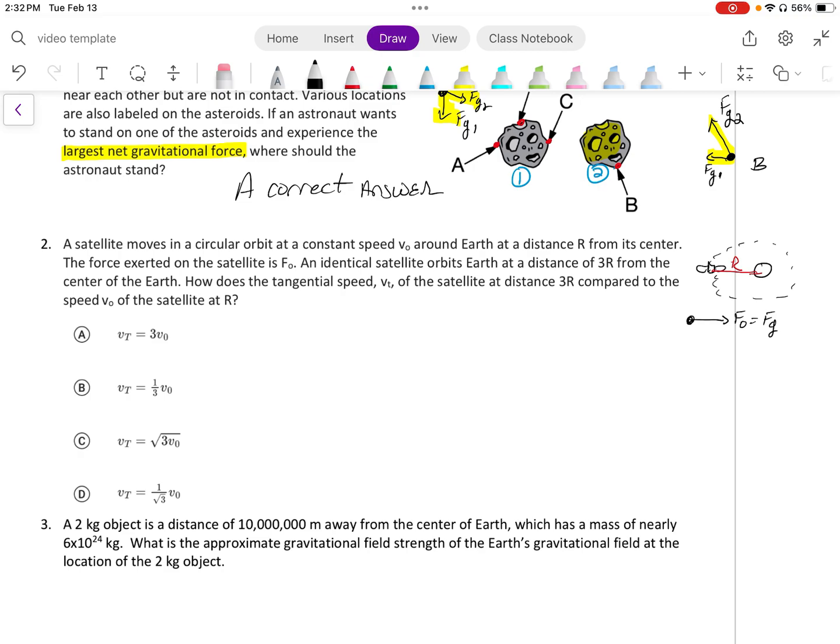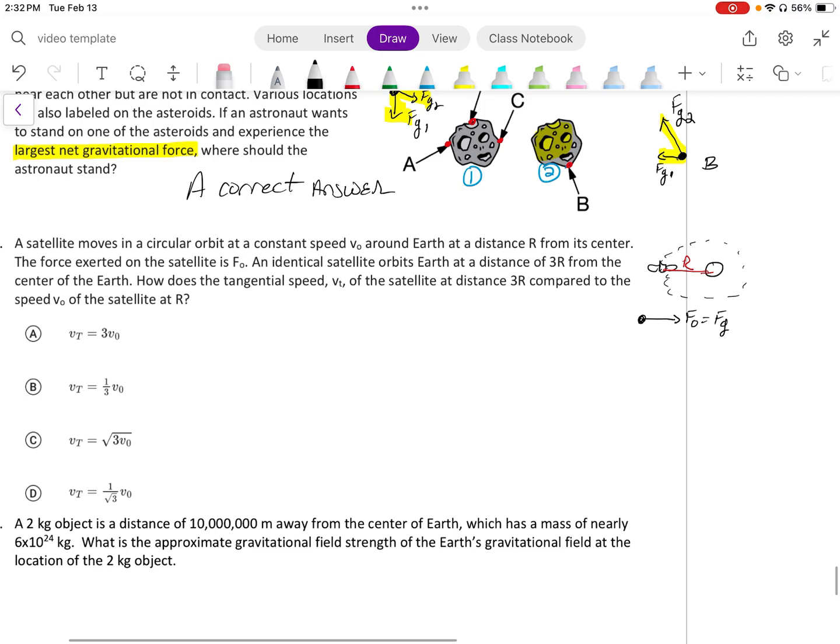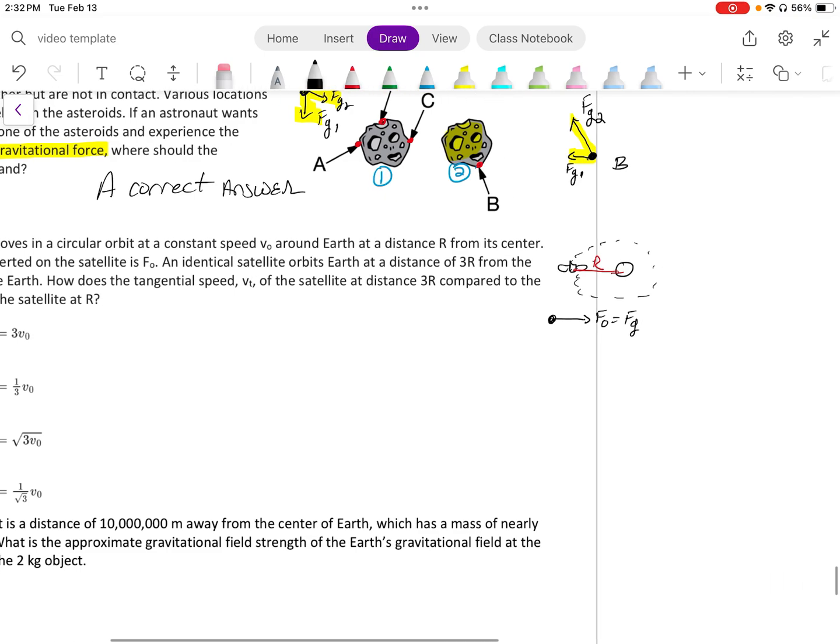Okay. Then I have an identical satellite that orbits at a distance 3r. So now I have another one that's going to have three times the radius. I could go and draw that if I needed to. Now I'm at 3r around this identical one, which means the masses are the same.